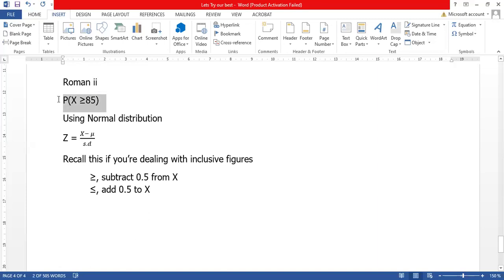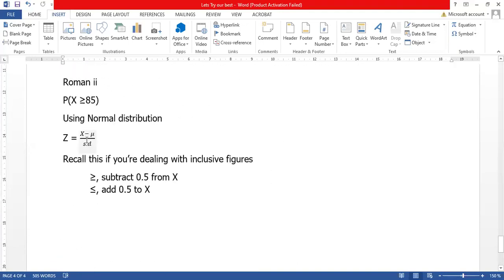So it means that this one I will say probability of X greater, then I standardize following this formula. I'm standardizing 85, but before we standardize, do we have mean and standard deviation?